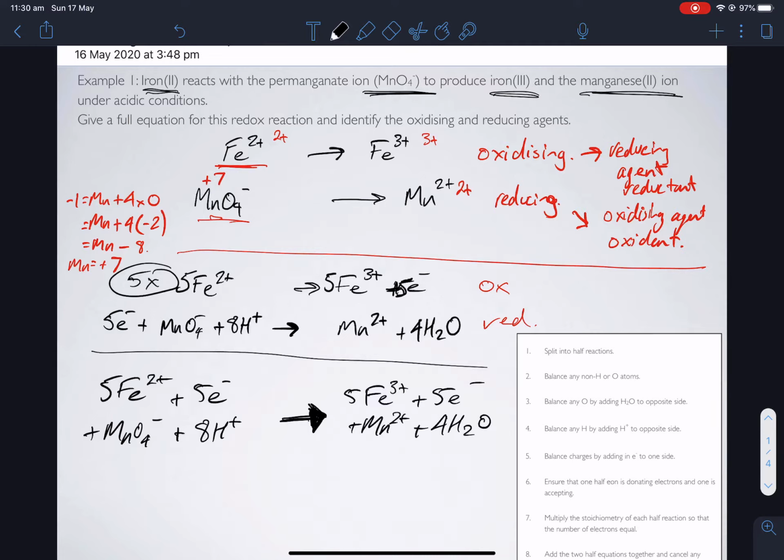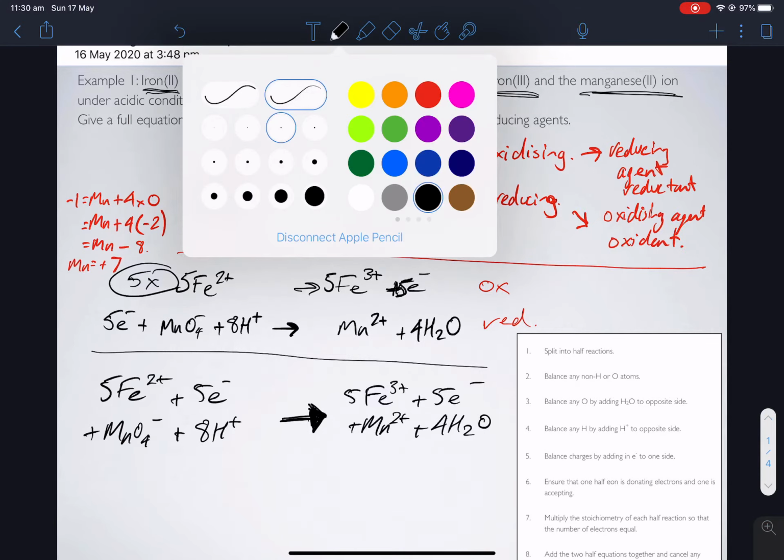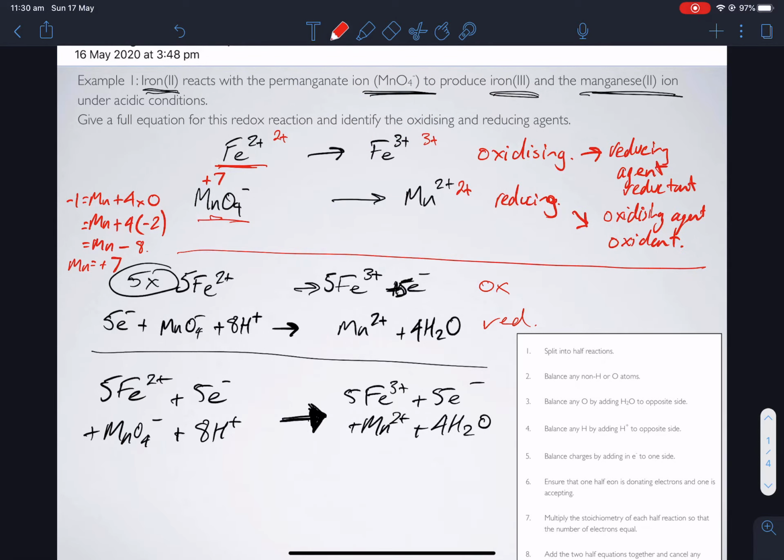Okay, now what we do is cancel anything that appears on both sides. Hopefully you should at least cancel all your electrons out of there. 5 electrons on the left, 5 on the right. Iron 2 plus, 3 plus, everything else is different. There's no common things there.